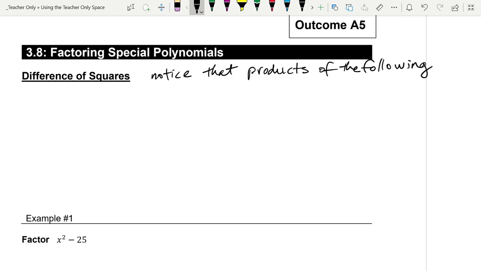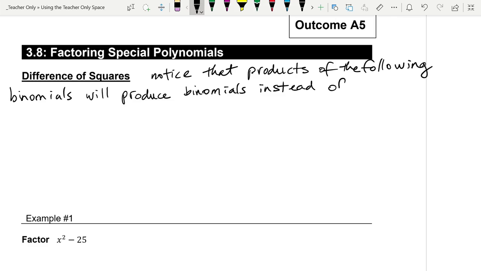Products of the following binomials will produce binomials instead of trinomials. Normally, when you multiply a binomial by a binomial, you get a trinomial. Except when you're doing these guys.